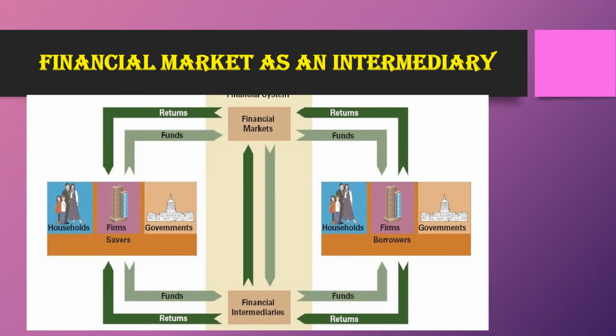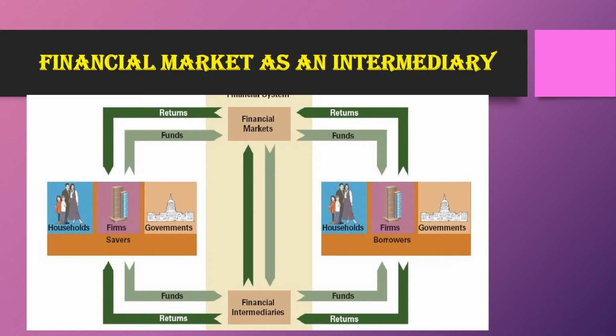A financial market as an intermediary. As you can observe here, there are the financial markets and the financial intermediaries. The households and the firms, that is the savers, and the government give their funds to the financial market, which are then used by the borrowers, again the households, firms, or governments.